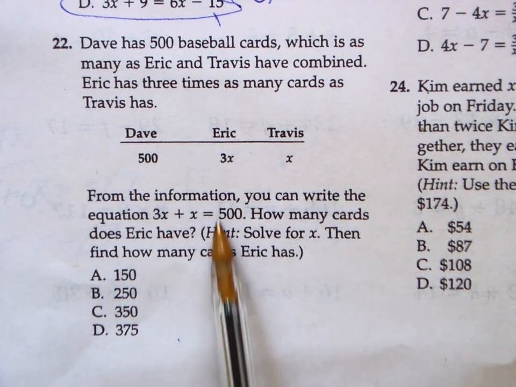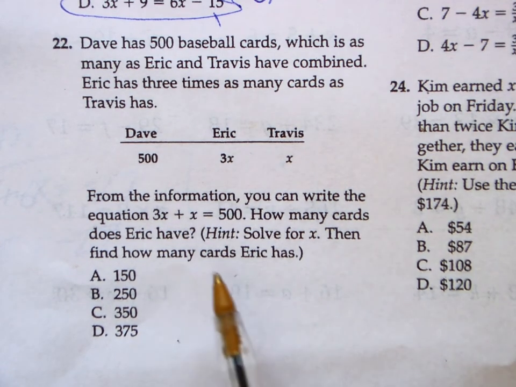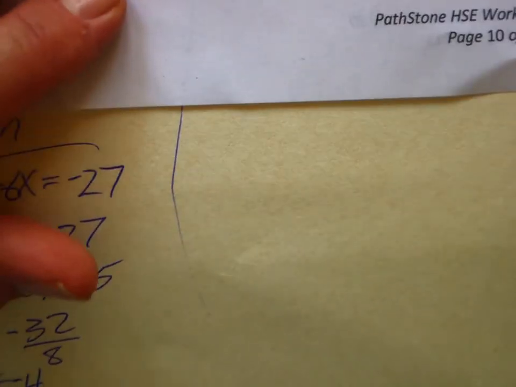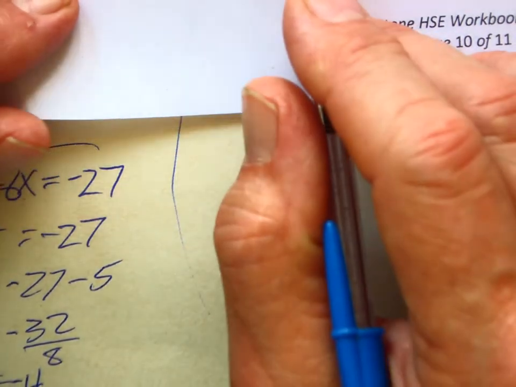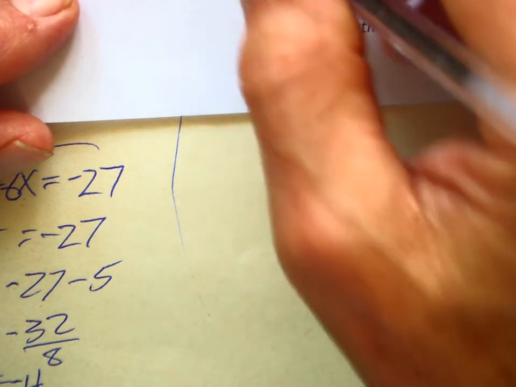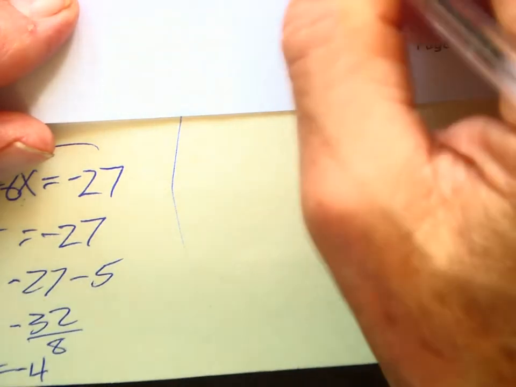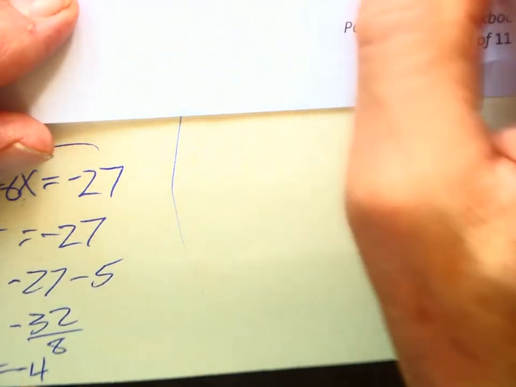You add the 2. How many cards does Eric have? Well, you'd have to solve this. So I'm going to do it right there because it's not going to be much. We know that Eric is 3x, Travis is x. If you add them, it makes 500.